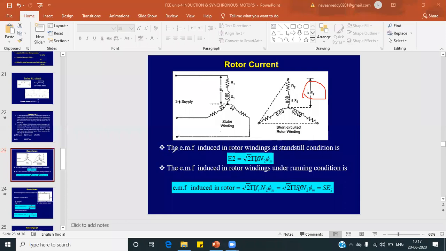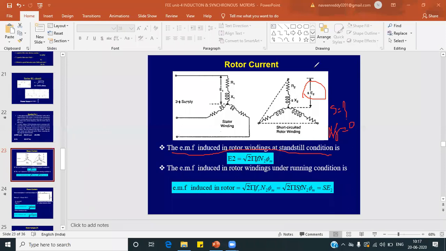Now you see the EMF induced in the rotor winding at standstill. What is standstill? That means NR, the rotor speed, is 0. If NR is equal to 0, what is the value of slip? Guys, right now you answer this question.